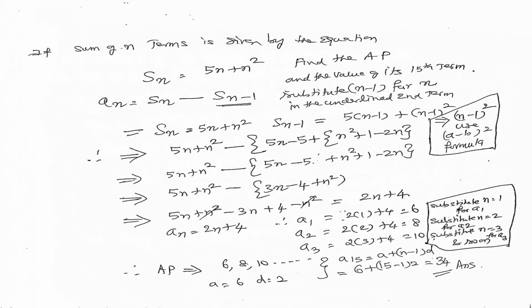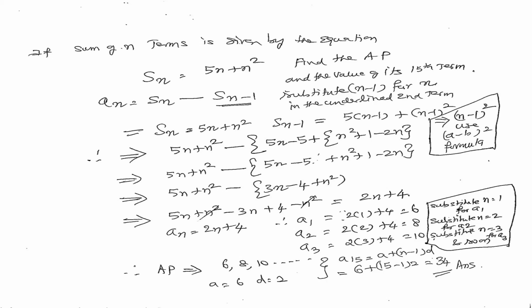If sum of n terms is given by the equation Sn is equal to 5n plus n squared, find the AP and the value of its 15th term. An, that is the last number value, is found by the formula sum of n terms minus sum of n terms minus 1. That is Sn minus Sn minus 1.